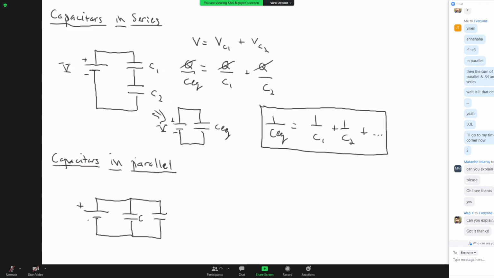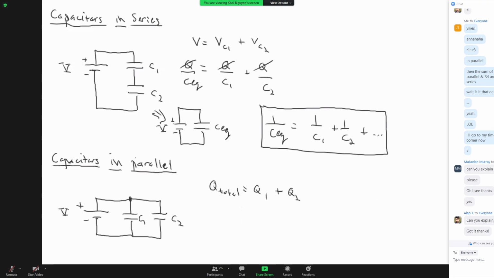We'll call this C1, we'll call this C2, respectively. And all it's saying is that with the junction rule that we're applying, this is the junction. The total charge is equal to Q1 on capacitor 1 plus Q2 on capacitor 2.